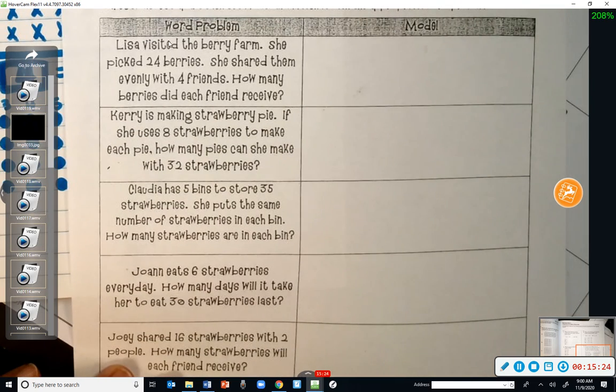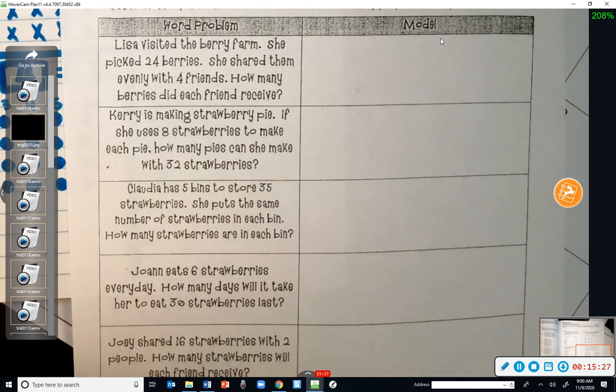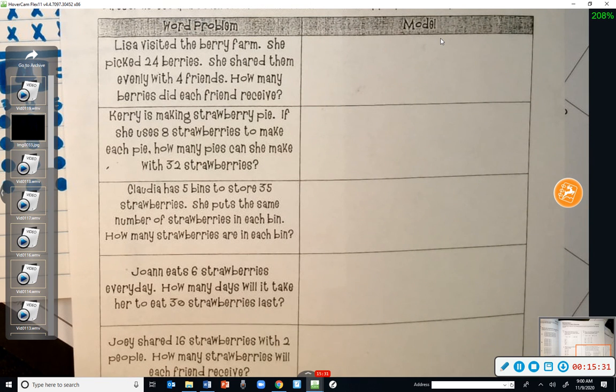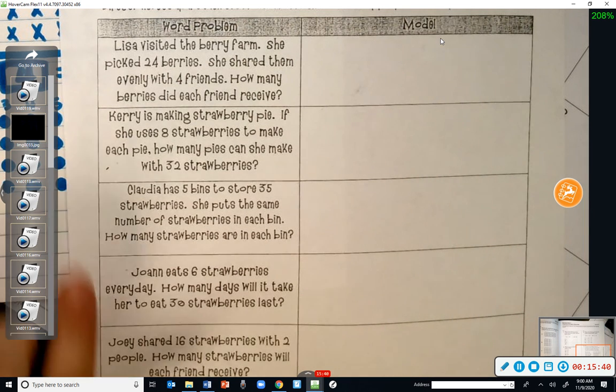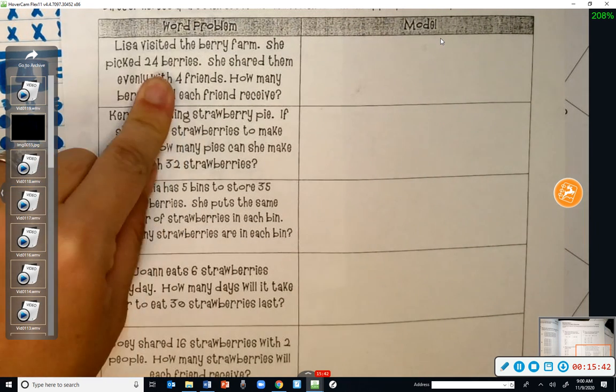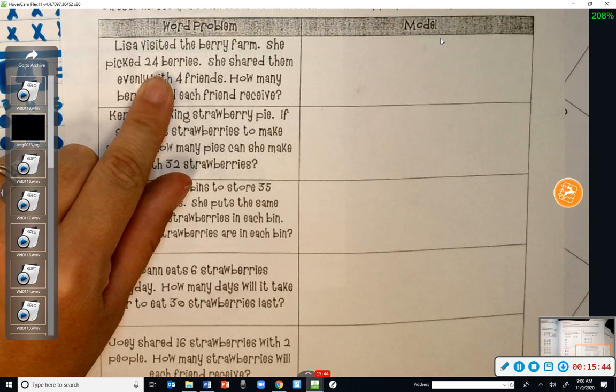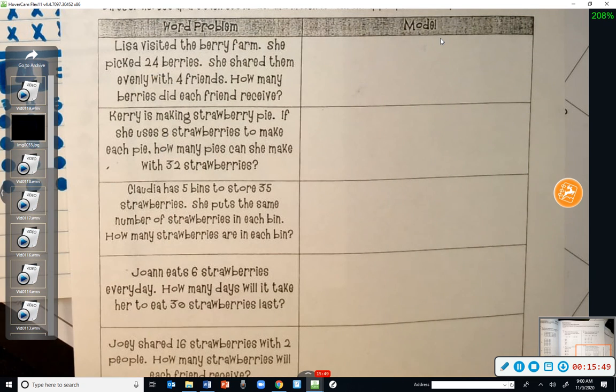So you need to start with the bigger number and split it up into equal groups, or you can practice doing arrays like we just did in class, okay? If you're doing the first one, 24 is your biggest number, so that's your dividend or your total. So you need to keep counting until you get to 24 if you're doing equal groups, or if you're doing an array, okay?